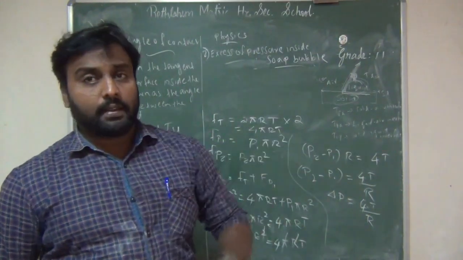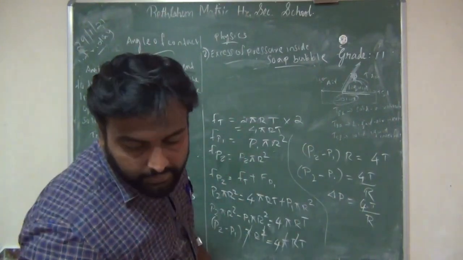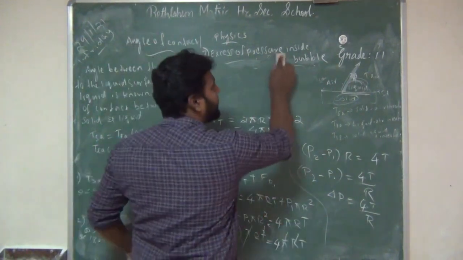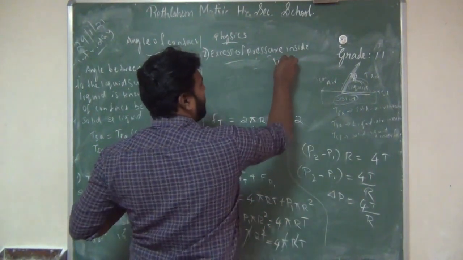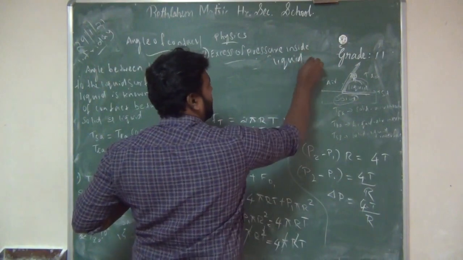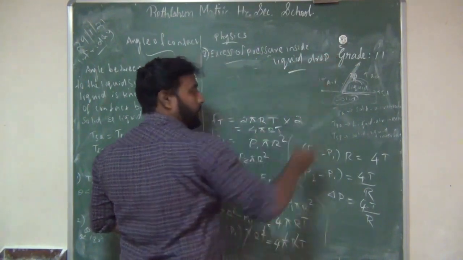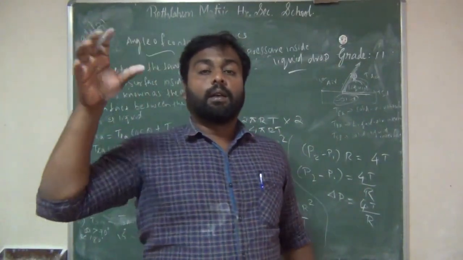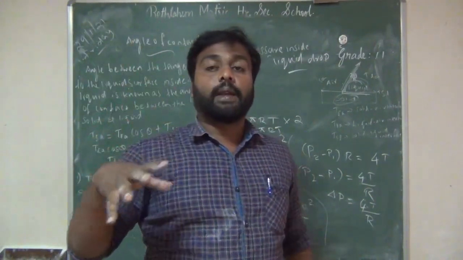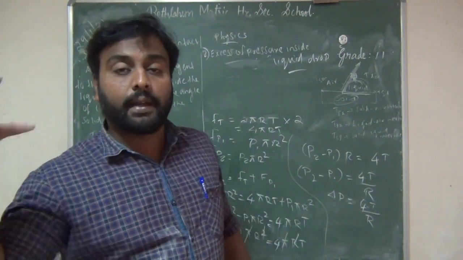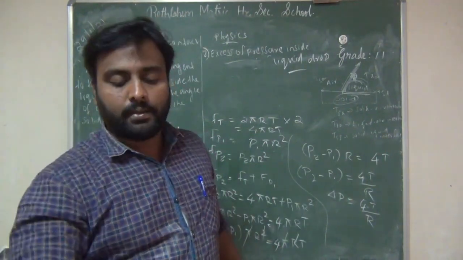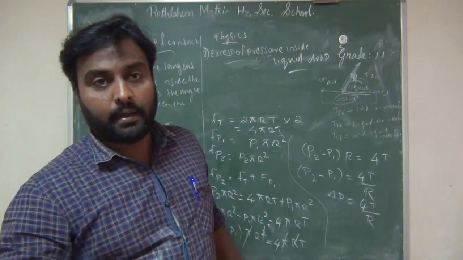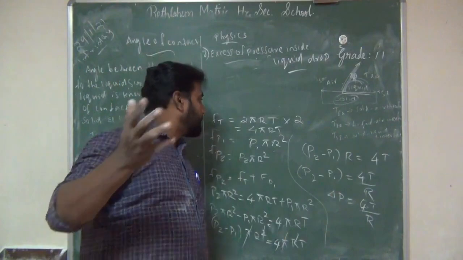And the next thing is we have to find out the excess pressure inside a liquid drop. You can see the diagram: inside is one liquid drop of radius r whose surface tension is T, and there is a pressure acting inside, as well as the outside pressure also acting.